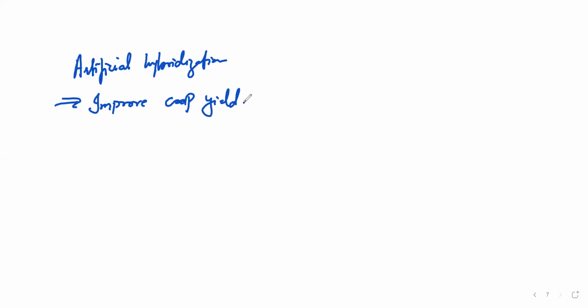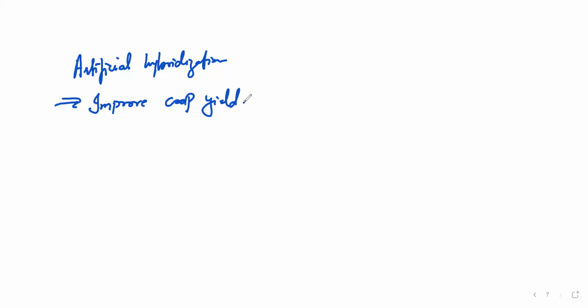So in order for this artificial hybridization to occur very nicely, there are certain stages. Let's see what the stages are one by one.